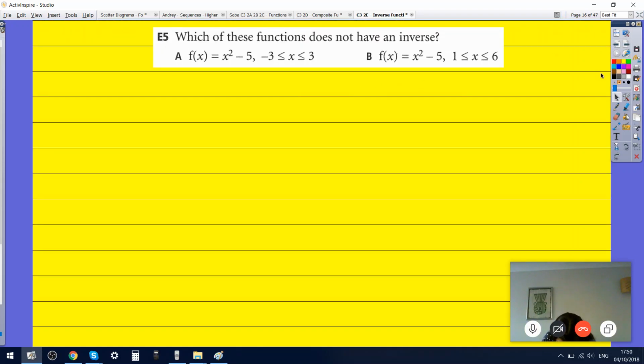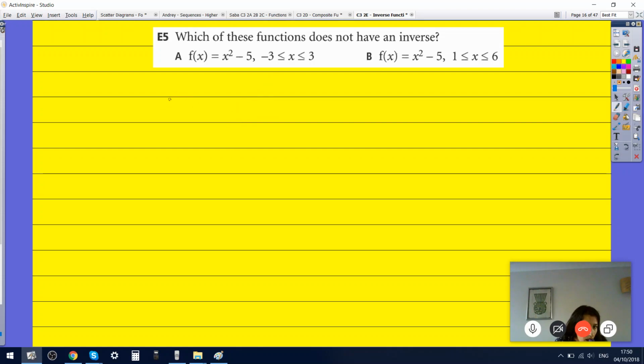Which of these functions will not have an inverse? Both? Aren't they both many-to-one?